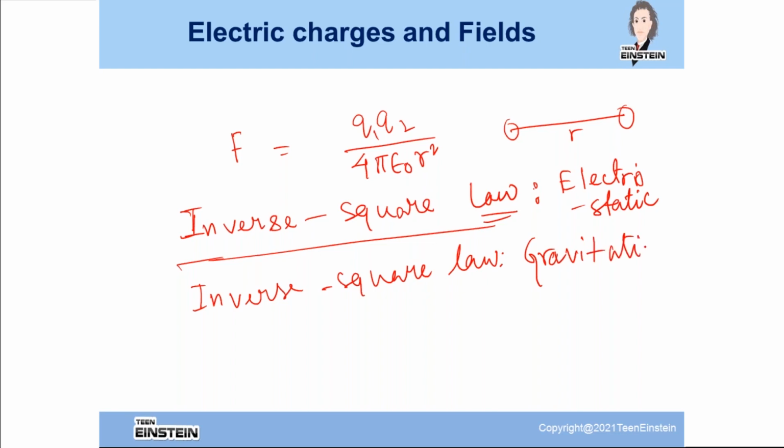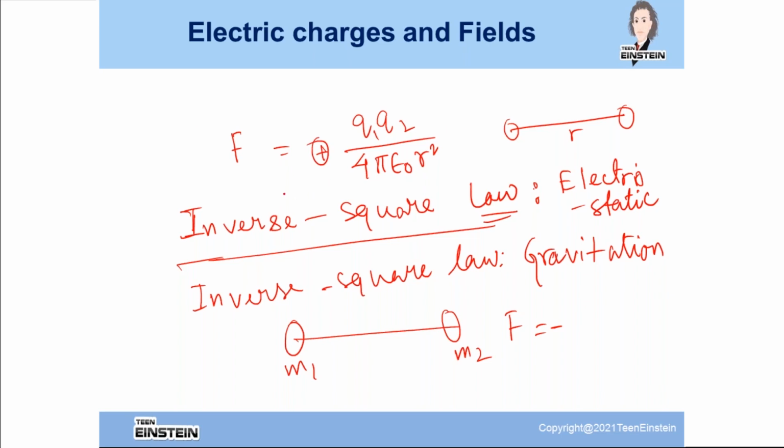What is that? In between two masses, if this is M1 and this is M2, then what will be the force? It will be given by a minus sign. Minus means attraction and positive means repulsion. In between two opposite charges it will be attraction, so it will be minus.